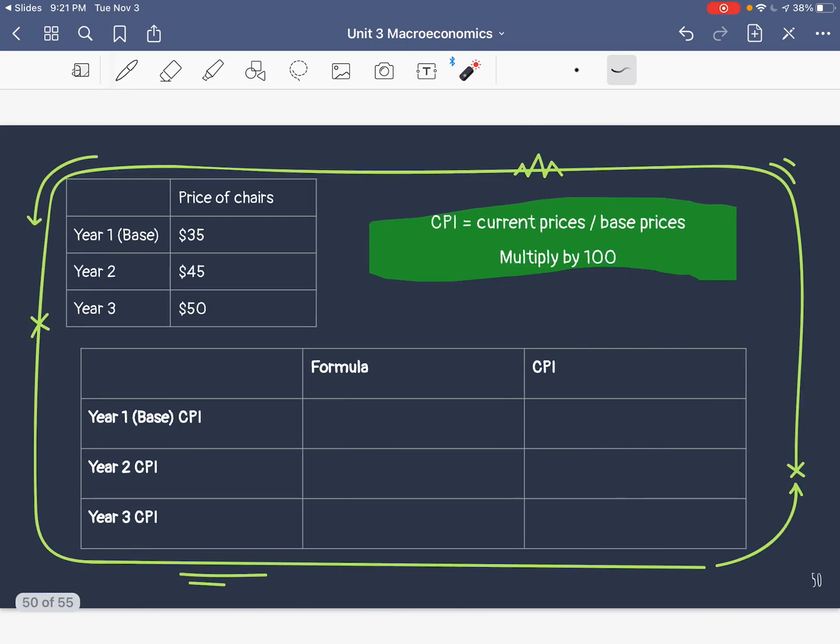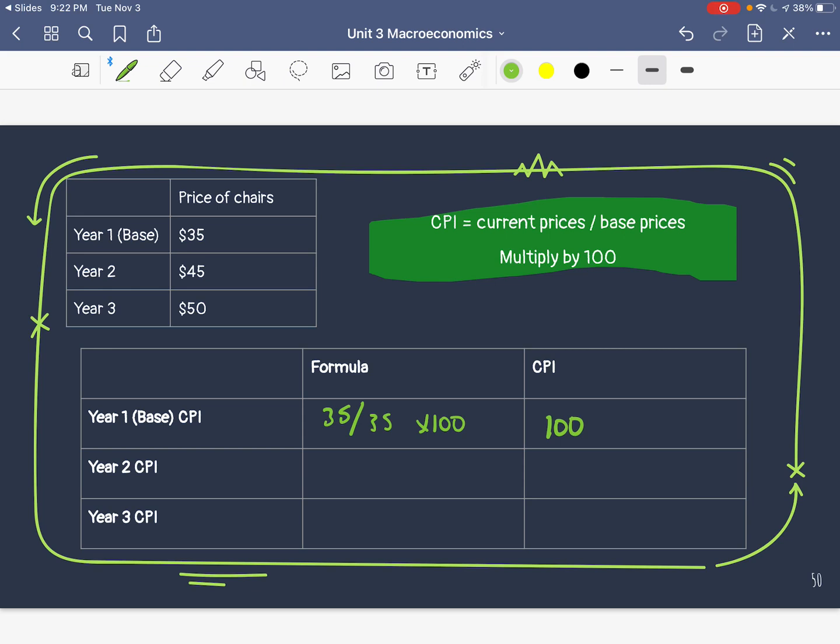Okay, last example here. Chairs. I'm buying a new desk chair or something like that. It'd be a lot more money than this. But our year one base should always end up being 100. Let's see if we do it right. So current price for year one is 35, and year one is the base. 35 divided by 35 is 1, times 100 is 100.